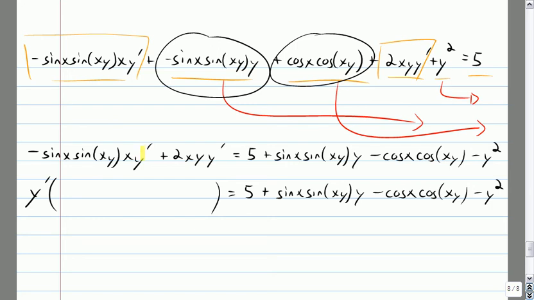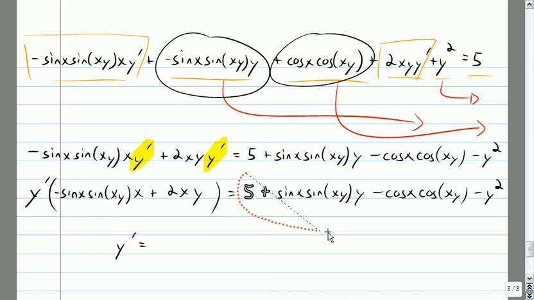It's present, right? It's sitting here in the first term, here in the second term. So negative sine x, sine of xy times x plus 2xy. And then I'm going to divide that quantity off. So I'll get y prime equals that.